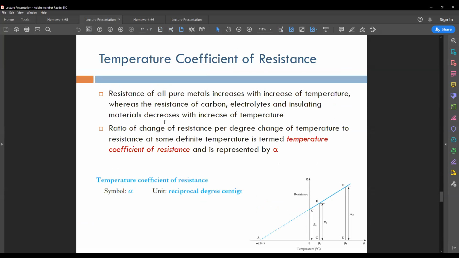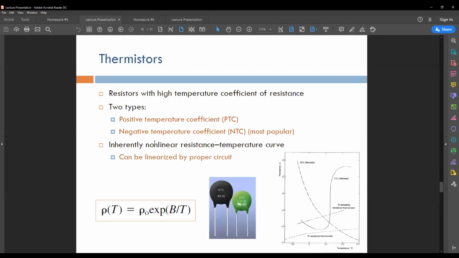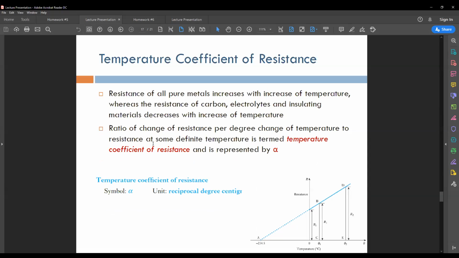Usually when you're talking about a linear resistor, a common type of resistance, like all the resistors that we see in nature, not the nonlinear ones that we talked about, like the LDR or the thermistor, we talk about a regular resistance. Basically, the resistance of all pure metals increases with increasing temperature. So you have a linear increase of your resistance with temperature.